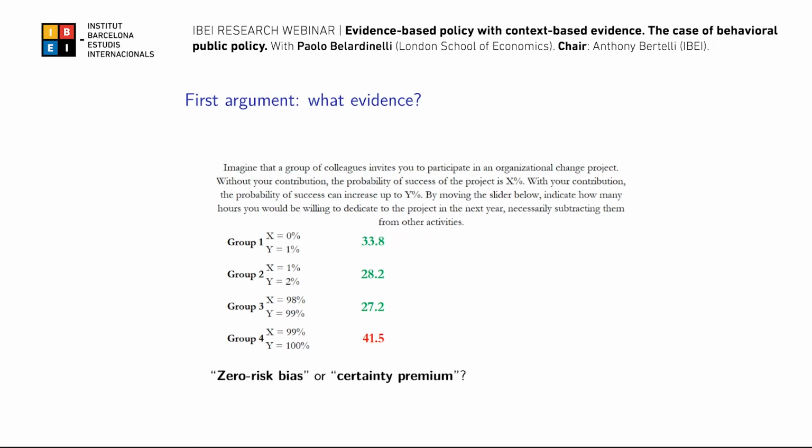So you might also say that this is a very simple scenario. In the real world, these probabilities are quite unlikely to exist. And so certainty is something that is really different from a probabilistic outcome. Because in the real world, you never have 98% of the probabilities when you make decisions.